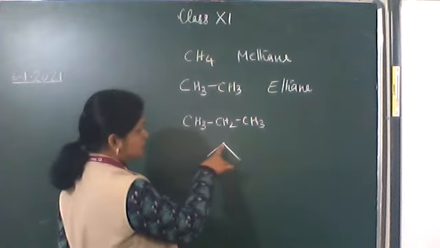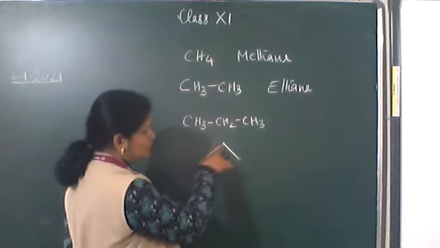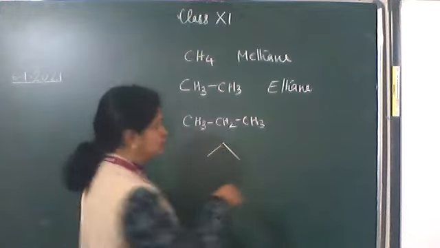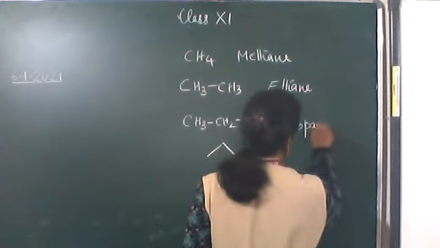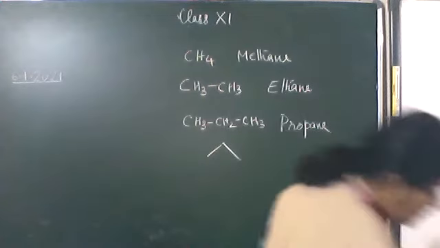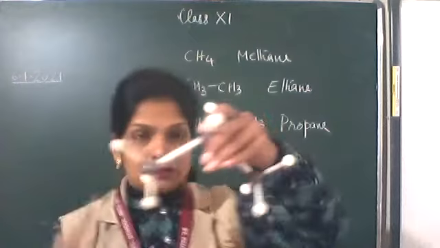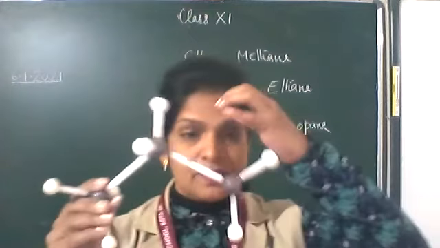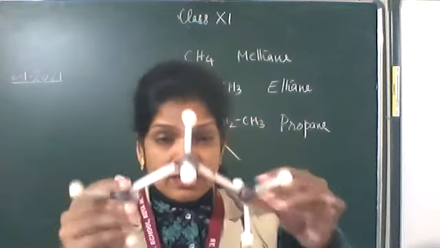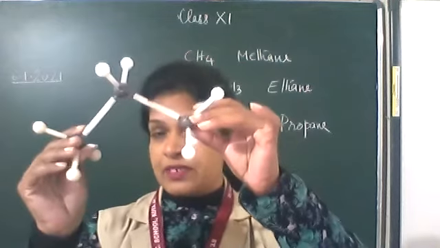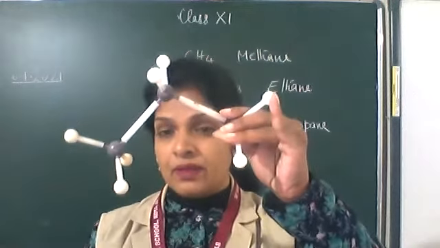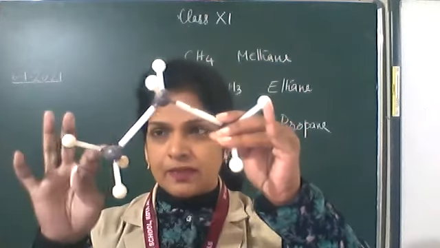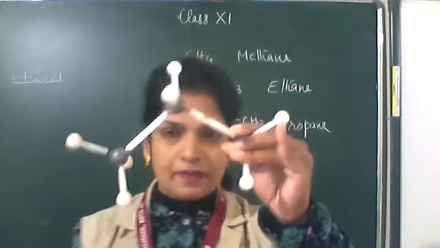And each carbon in between is CH2. So this is propane. All carbons are tetrahedral, which means sp3 hybridization. All carbons are sp3 carbons.